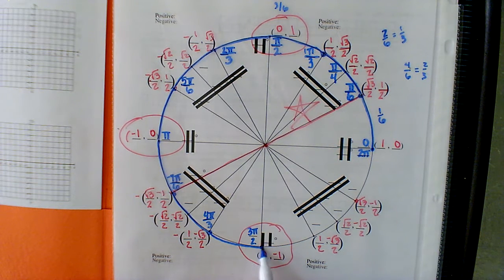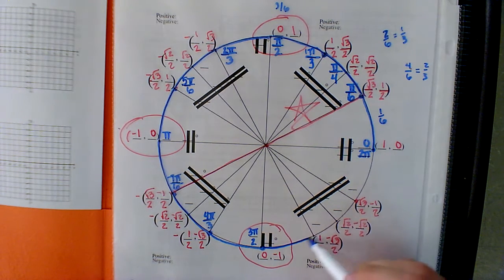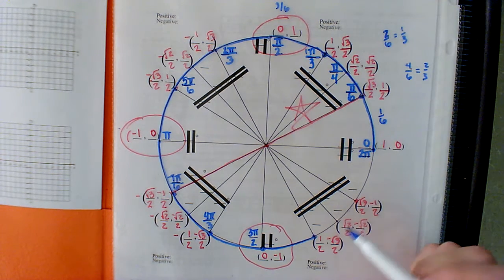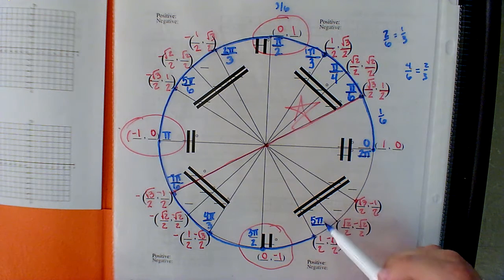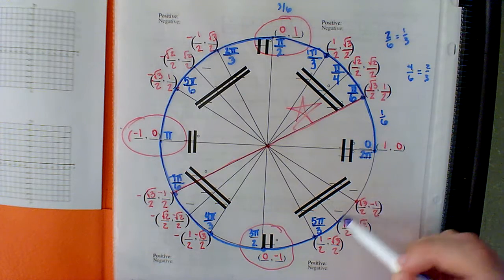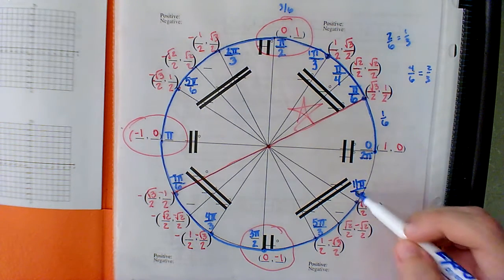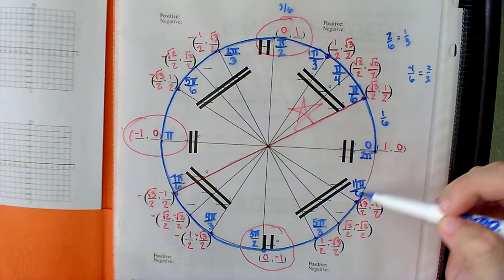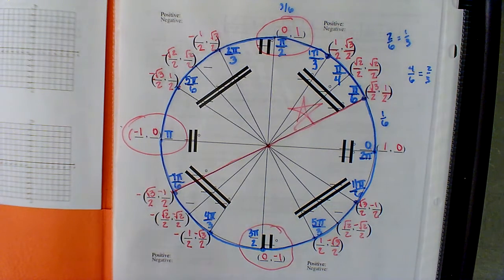Next, we'd have 9/6, but notice how that's 3 over 2. Next, we'd have 10/6, which would simplify to 5 pi over 3. Another one would be 11/6, but that doesn't simplify. And our last section would be 12/6, but notice how that's just 2. Do you see how we just keep counting all the way around?